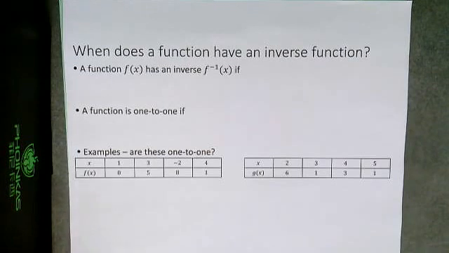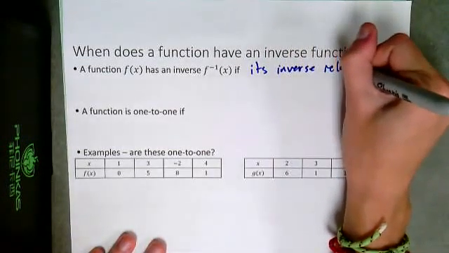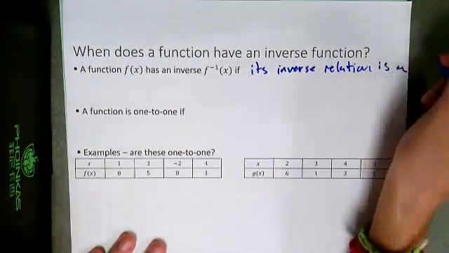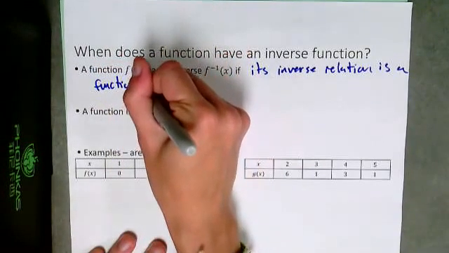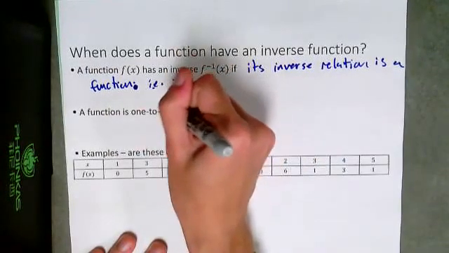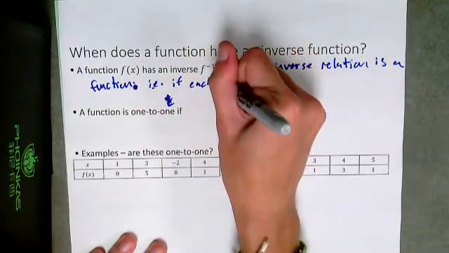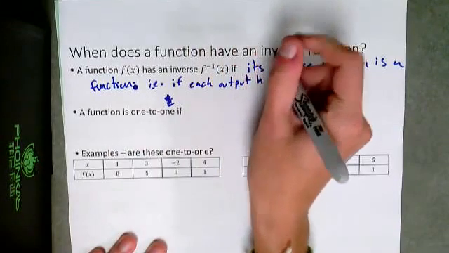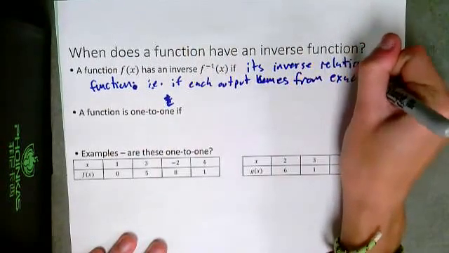A function has an inverse, f inverse of x, if its inverse relation is a function, i.e., if each output comes from exactly one input.